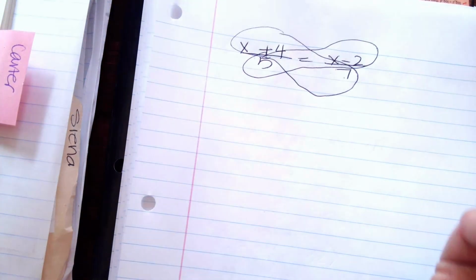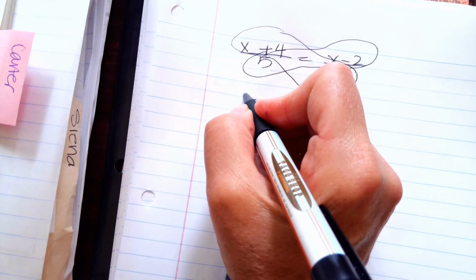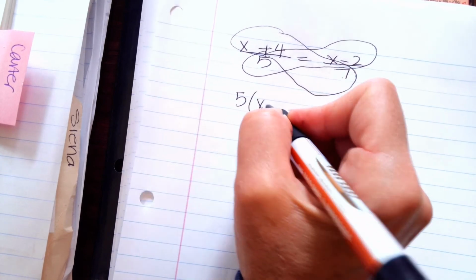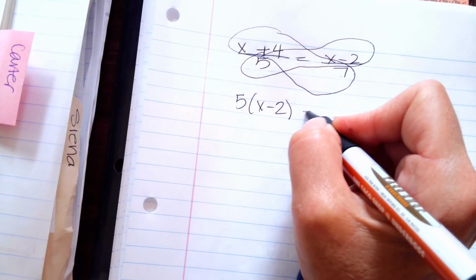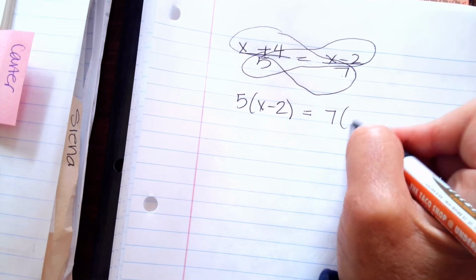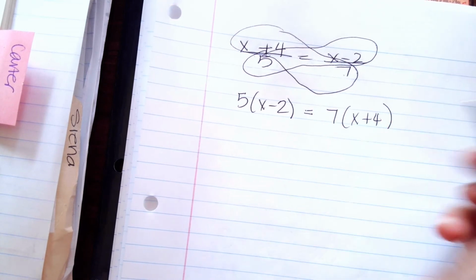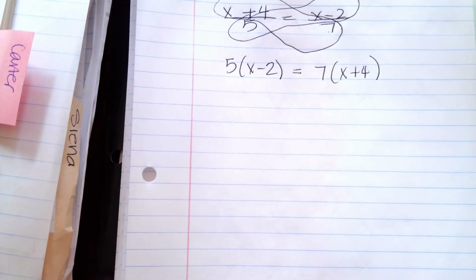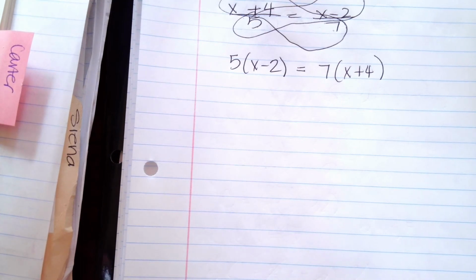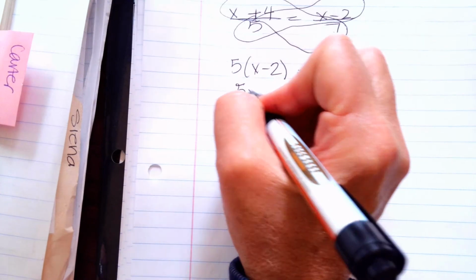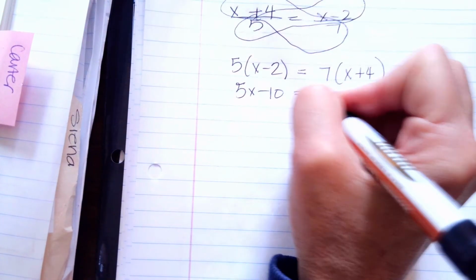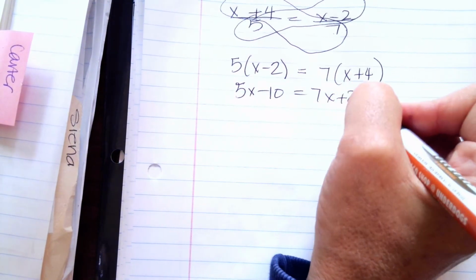So I'm just going to rewrite it out. 5 times x minus 2 equals 7 times x plus 4. Does that make sense to you? Yeah. Okay. And now we're going to distribute: 5x minus 10 equals 7x plus 28.